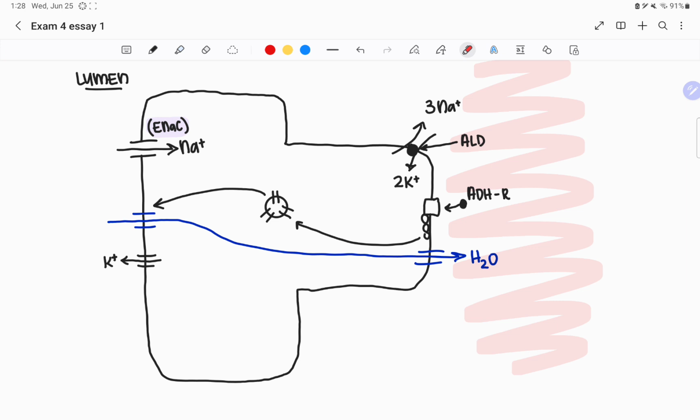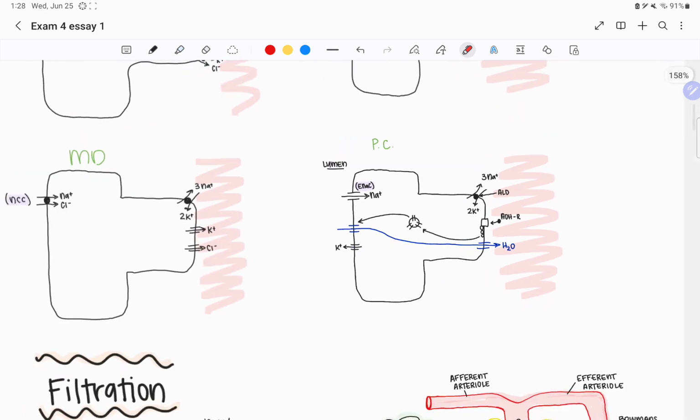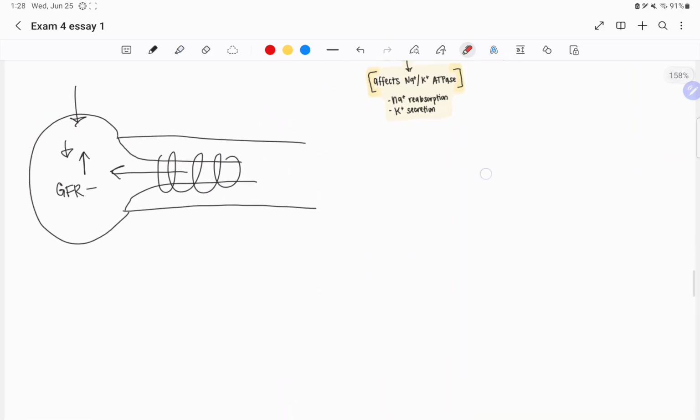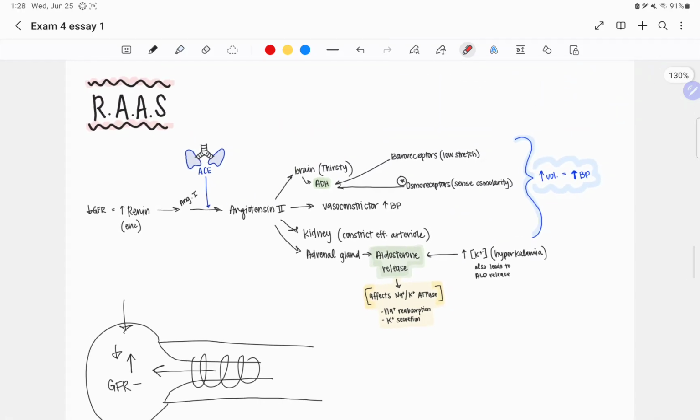Whereas when you're really well hydrated, it's clear. Sometimes it's even the color of water, right? And that's because we're not absorbing water, so water is just able to leave. Okay, so that's the RAS system, and how ADH and aldosterone work.